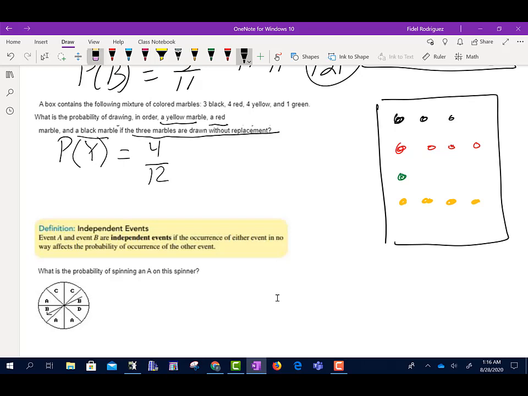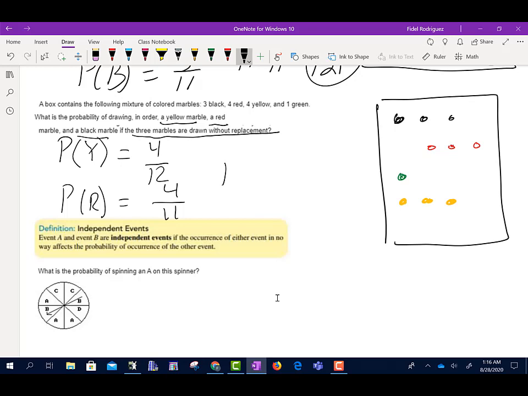So we chose, say, a yellow marble. Now we're going to say, what's the probability of getting a red marble? Now notice, we only have 11 marbles to choose from now. How many of them are going to be red? Well, 4 out of the 11, right? And so suppose we chose a red marble. We got that one out of the way.